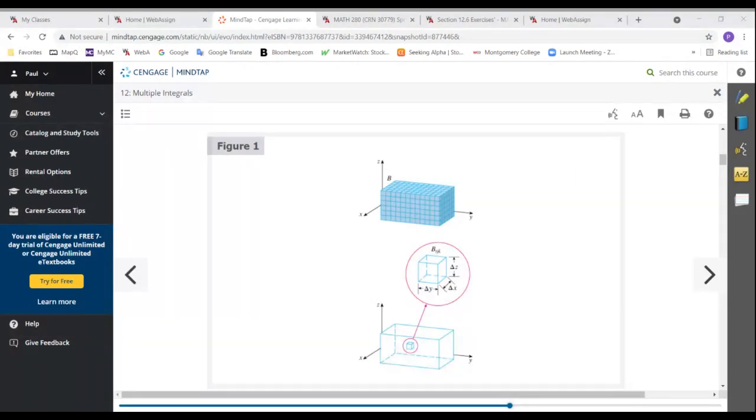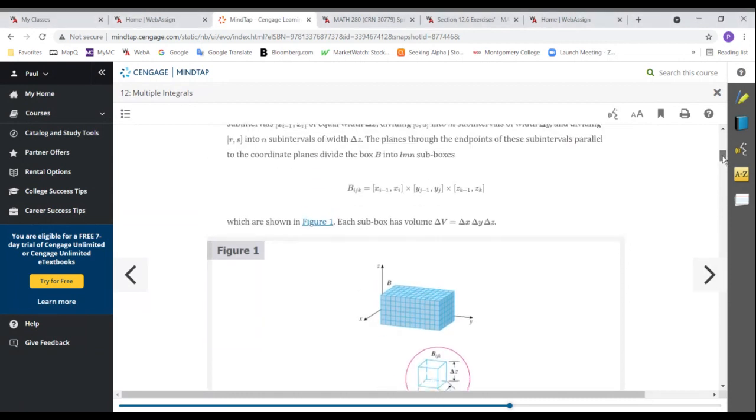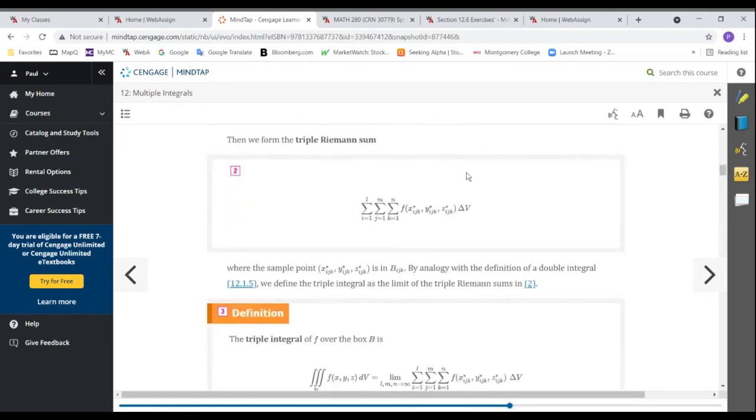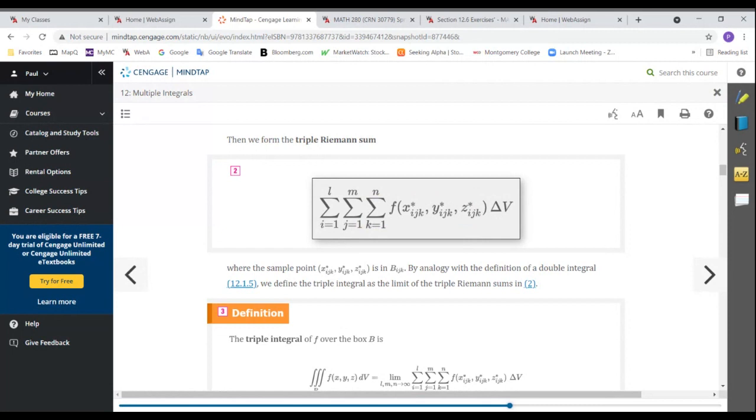That little box there has volume delta y times delta x times delta z. Based on this, you can form a triple sum.